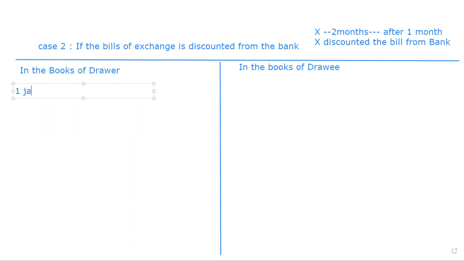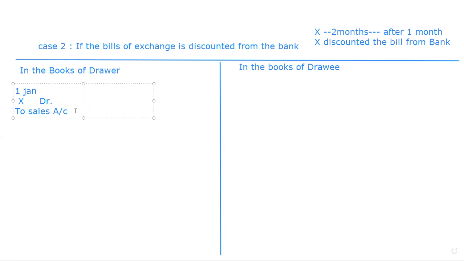Suppose on the 1st January, X sold goods to Y. So what will be the entry? Y debit to sales account. This takes place on January 1st.